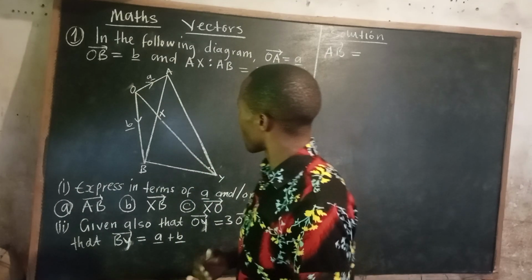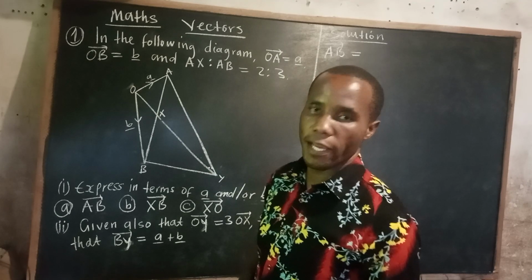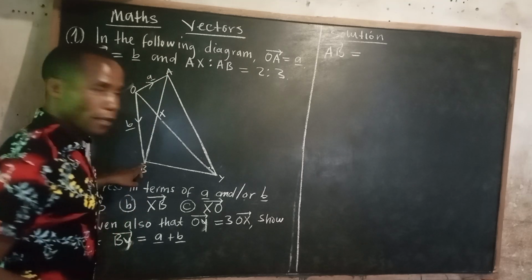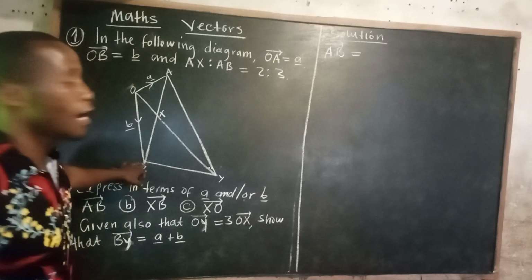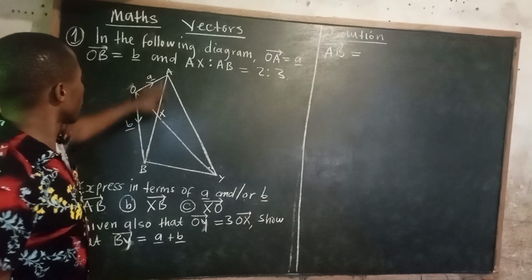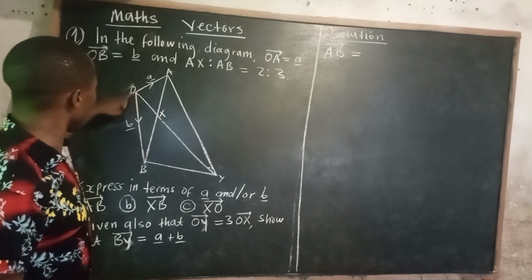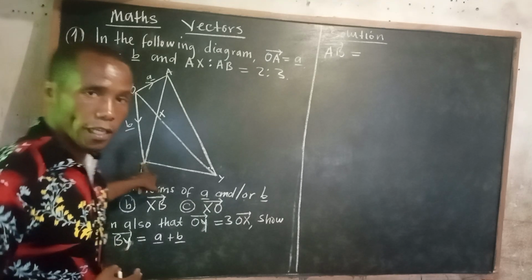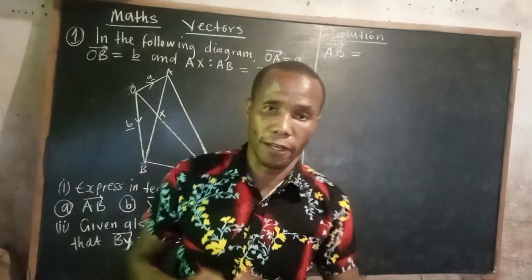How are you going to move? Which direction are you going to take to reach from A to point B? In normal circumstances, how you are going to move from A to B is A to O, then O to B. That is the route that we are going to take because this route is already given.